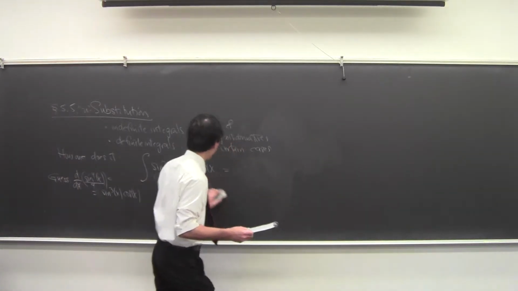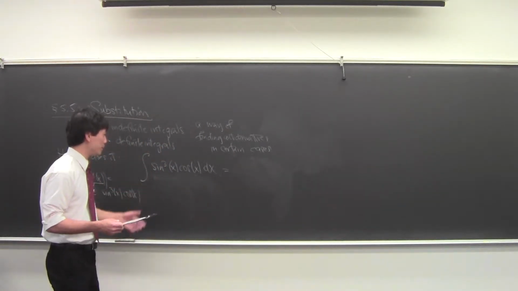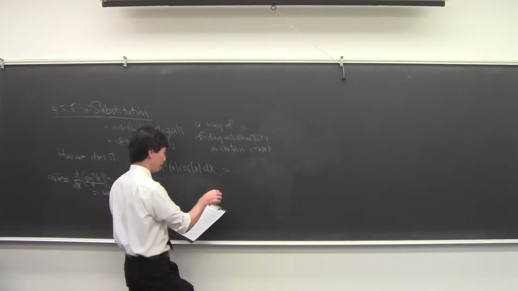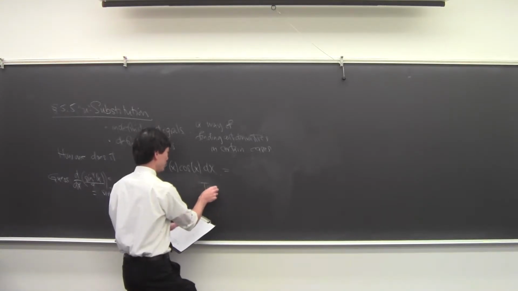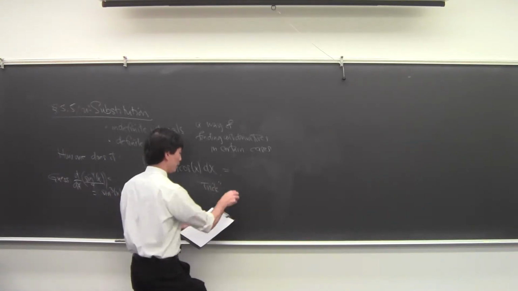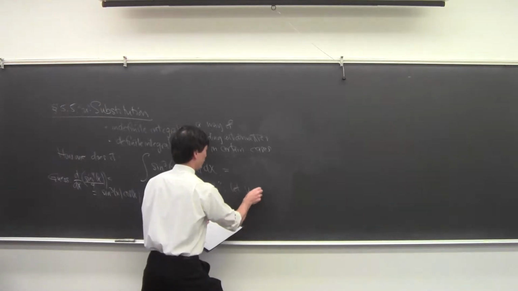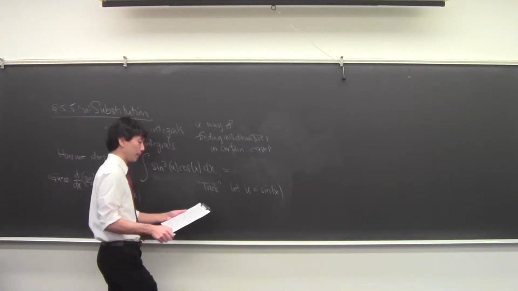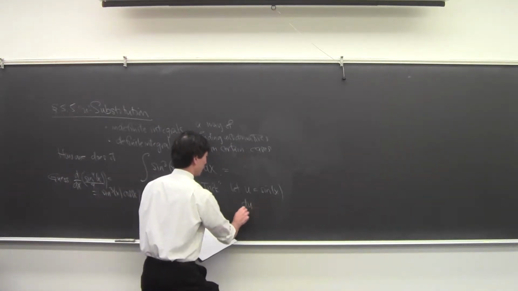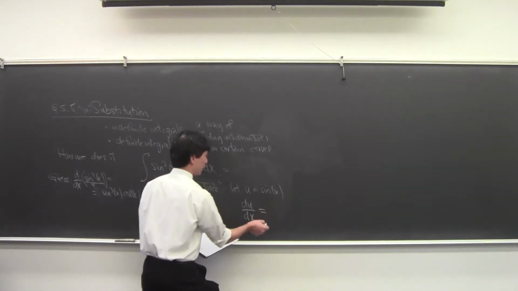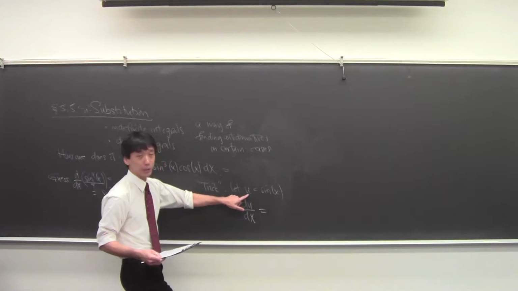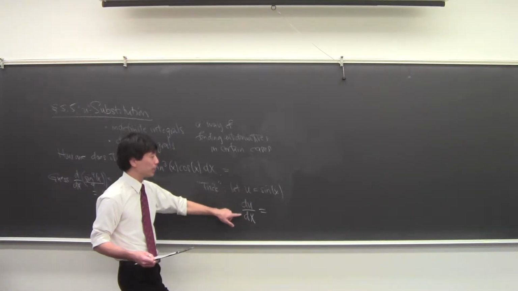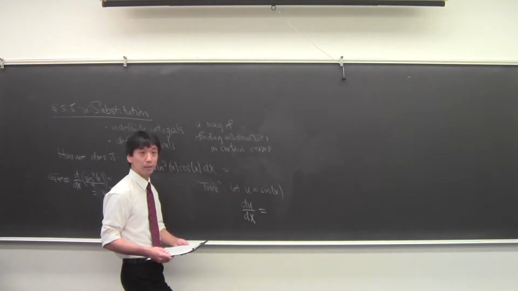Okay, so for u-substitution, what you do is this. Here's the trick. It's not really a trick. You let u be sine of x. Then du/dx is, if you differentiate this function with respect to x, what do you get?